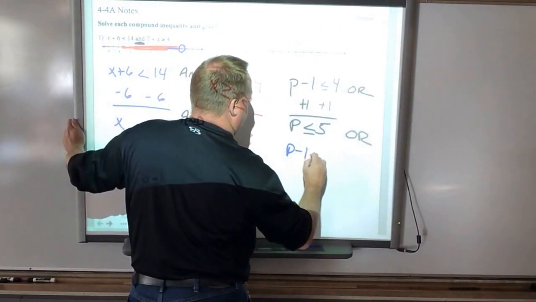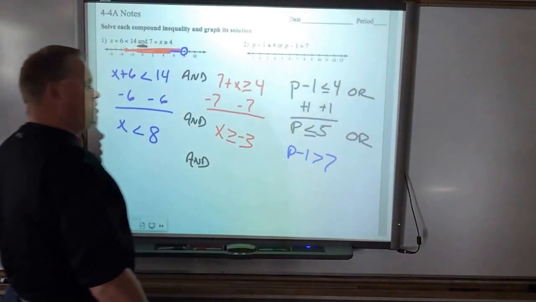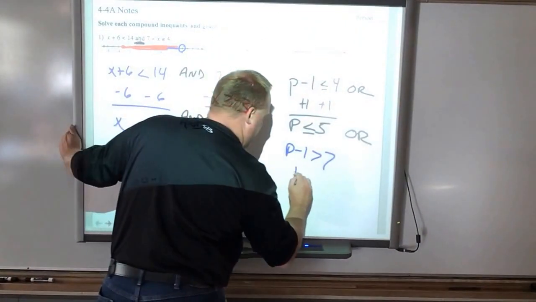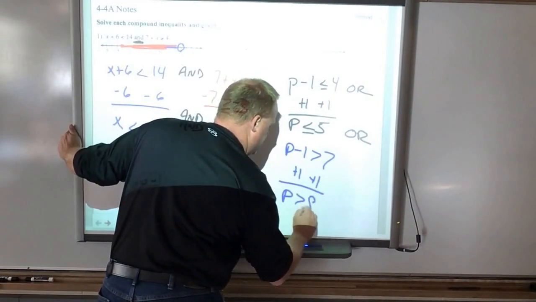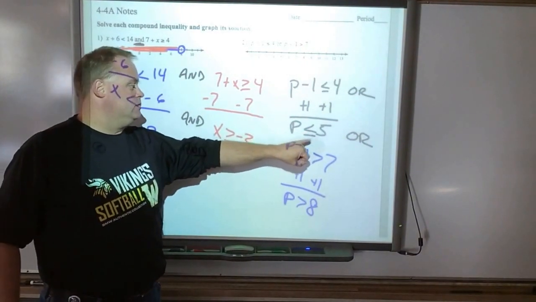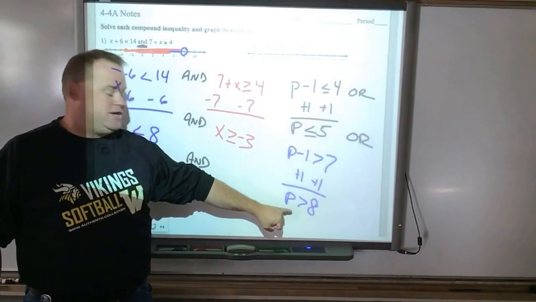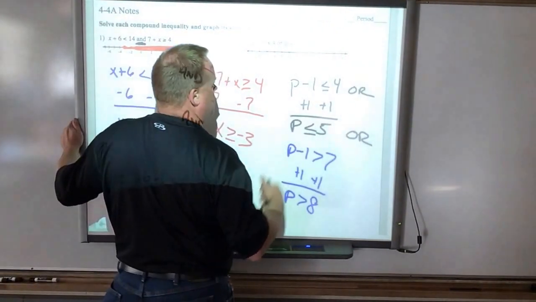p minus 1 greater than 7. Now remember, it's an or, so I'm going to go either or. Add 1. p is greater than 8. And so I have p is less than or equal to 5, or p is greater than 8. Greater than, no equal to bar.